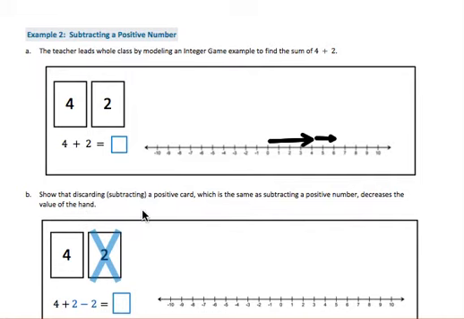But if we take that 2 and we now remove it, what we're really doing is going back. So we have our original arrow that is taking us 4 units, and we had added the 2 units onto that, but now if we discard that or take away that 2, we're simply left with the 4 that we started with.